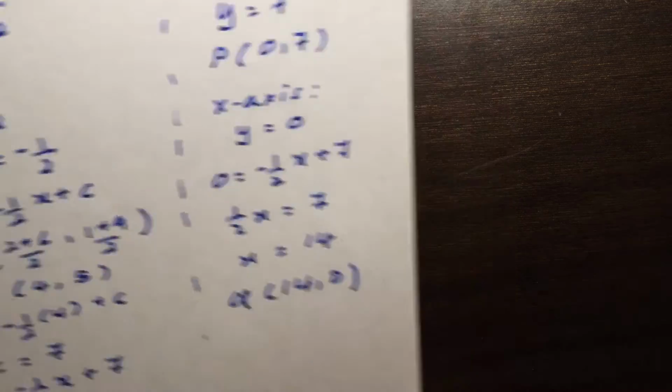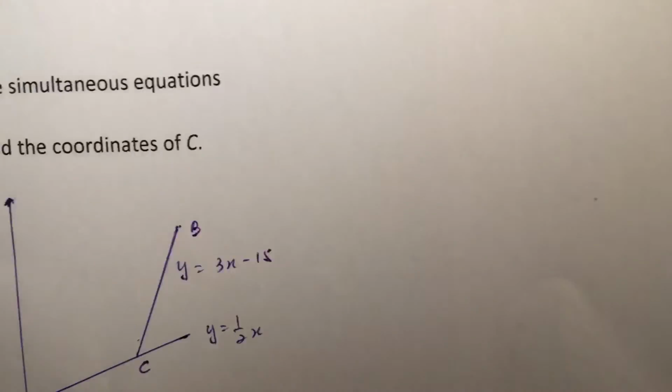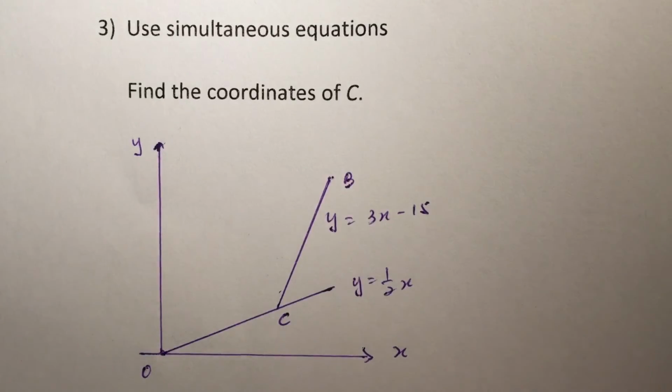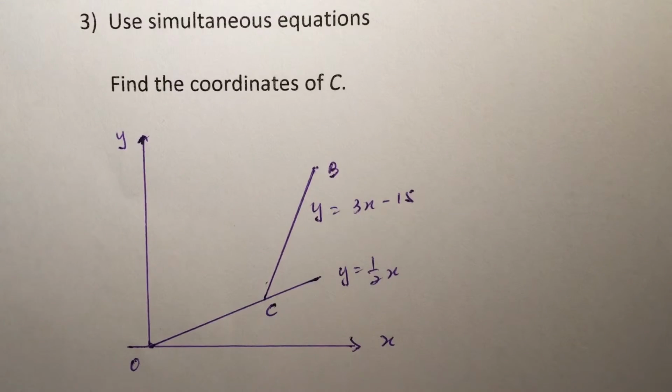Now the last case would be where we have to use simultaneous equations. And it will be a case like this. Now, you are asked to find the coordinate of C. There is no midpoint that we can use to find C, and C is also not lying on any of the axes.